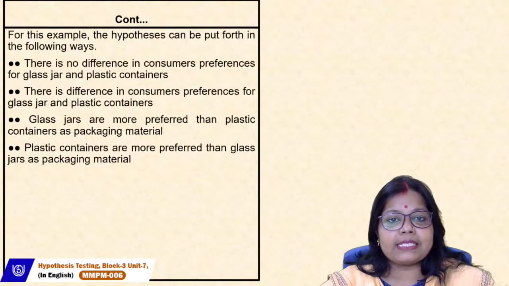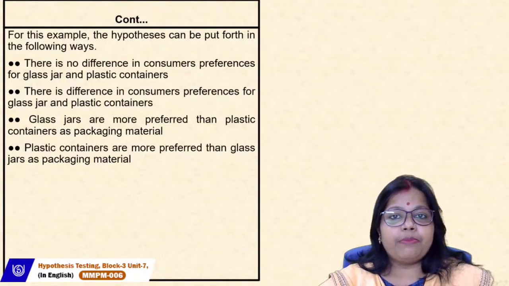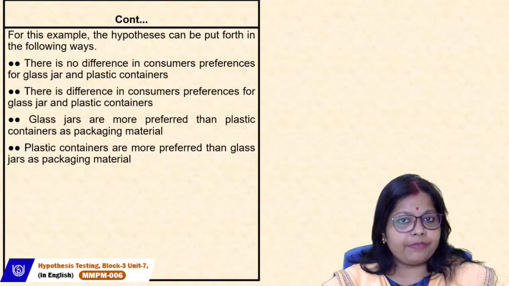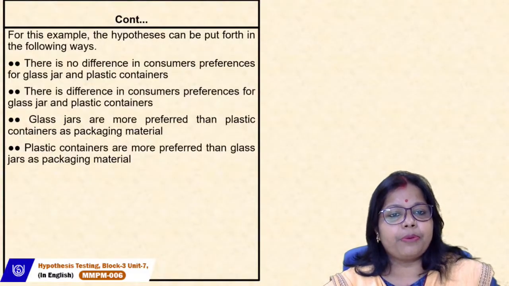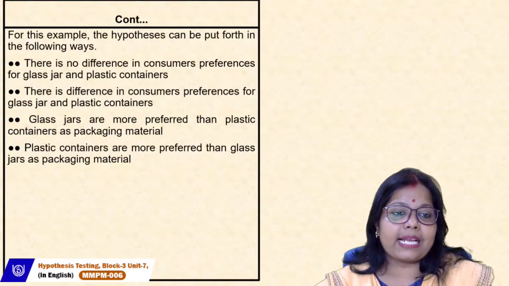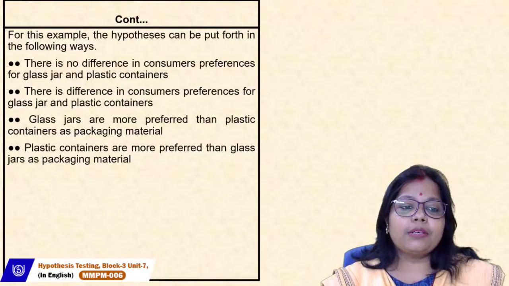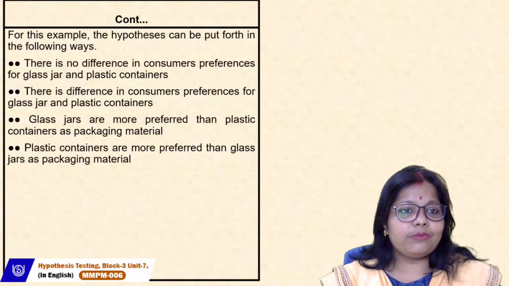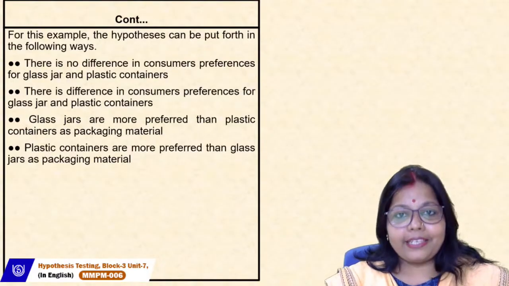The possible differences are like this: either customers are willing for glass, or there is another preference. If there is a difference in preference, first, it may be that consumers are preferring glass. Then what is the other preference? The consumers are willing for plastic containers, not glass. So these are the possible ways of drawing hypotheses from that previous one line of question.